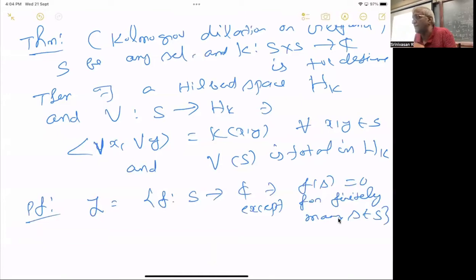We take such a collection of functions. This vector space L will have infinite dimension. It is not finite dimensional.